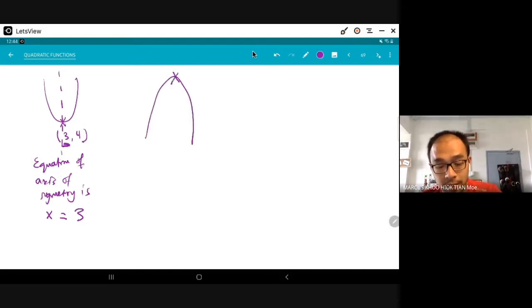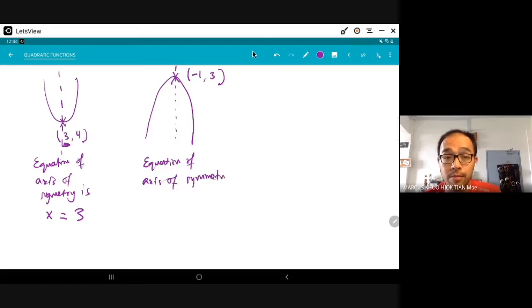If let's say my maximum point over here is negative 1 and 3. So this is the axis of symmetry. The equation of axis of symmetry, persamaan paksi symmetry, is x equals to -1.